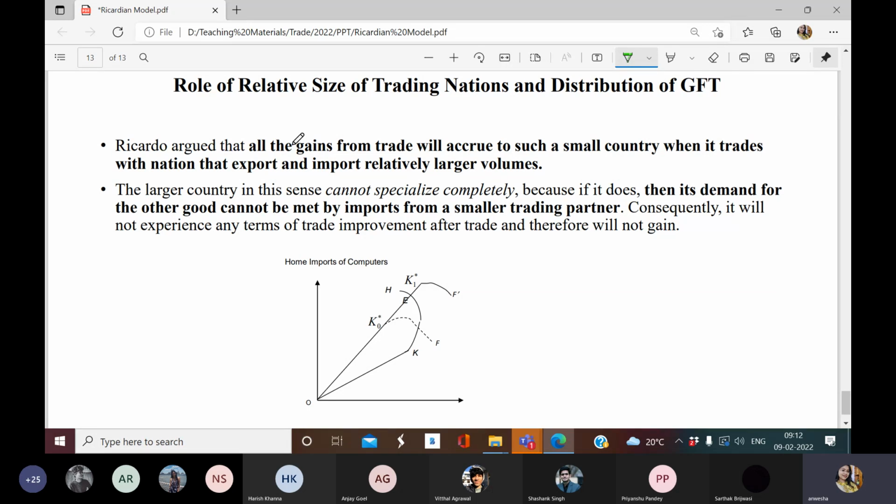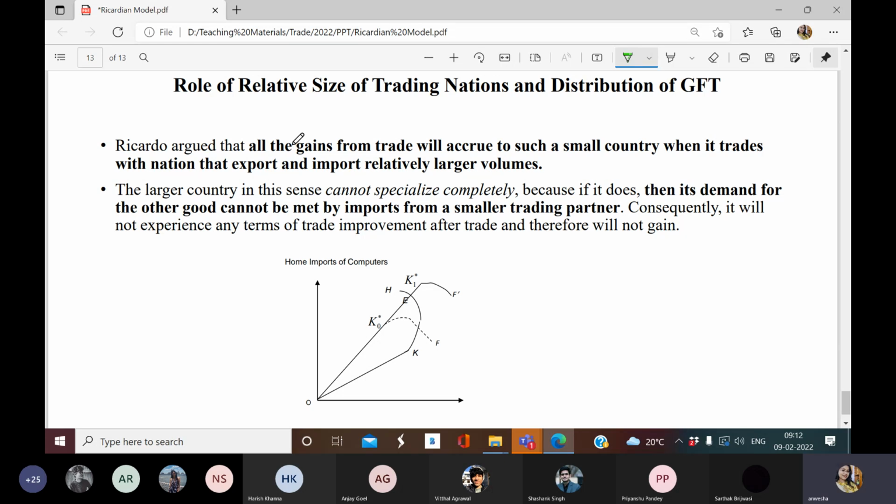In a situation where the country sizes are very different, we can show that the gains from trade will go to the relatively small country, and the large country will not derive any gains from trade because the larger country will not be able to completely specialize.